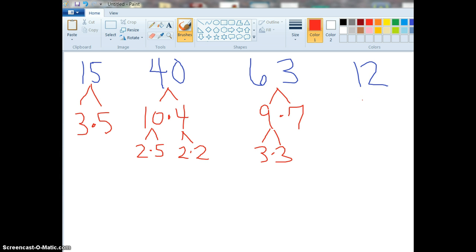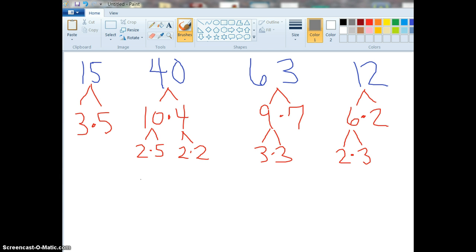And last, the number 12, we can use 4 times 3, or I chose 6 times 2, and 6 we can break down further as 2 times 3. Every number is broken down, so let's write some of these answers in exponential form.